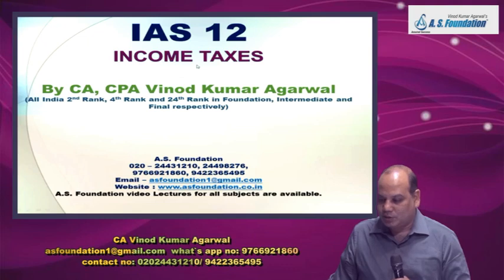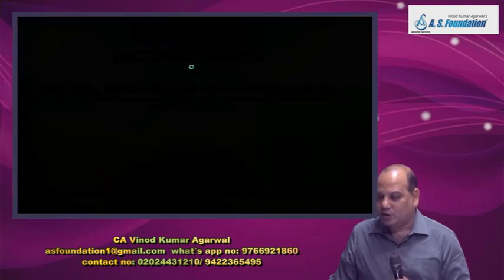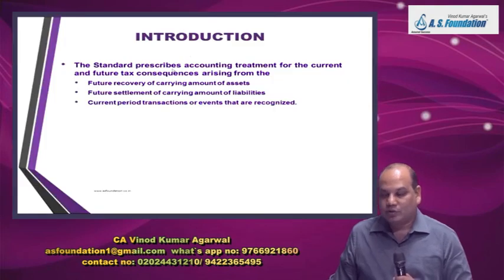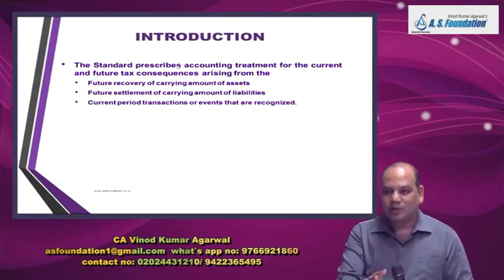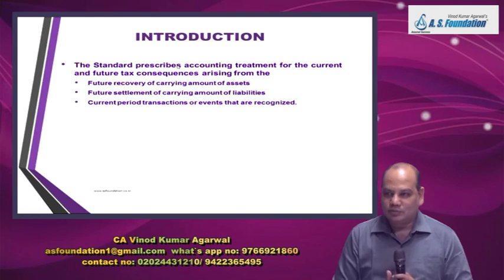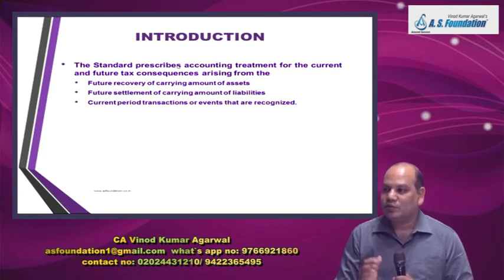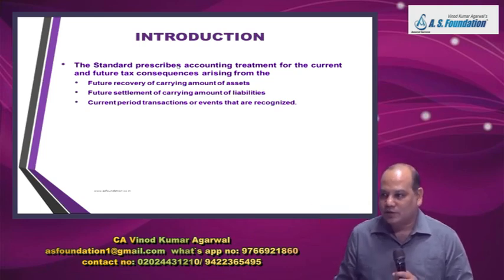So theoretically speaking, the amount of tax liability that you will be providing will almost be equal to tax rate multiplied by your accounting income. Total of tax expense, which is current tax and deferred tax, will be almost equal to, not exactly equal to, almost equal to your accounting income multiplied by the tax rate.